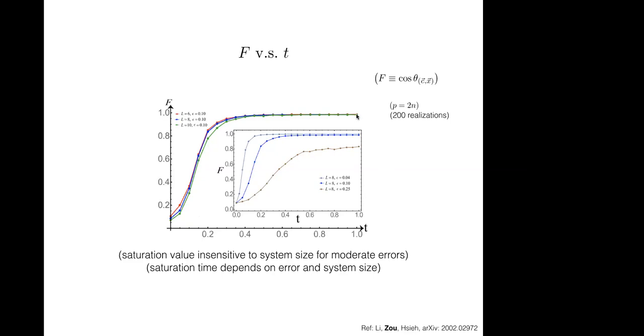This is consistent with our previous explanation that for random product states, the gap lambda doesn't depend on the system size. Also, we can look at the dependence of the saturation time on the magnitude of the error and the system size. It also performs reasonably well.